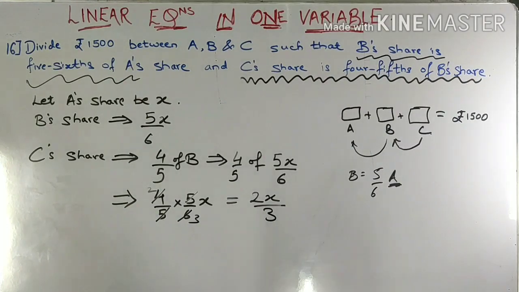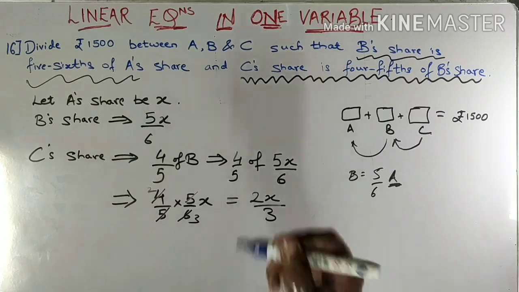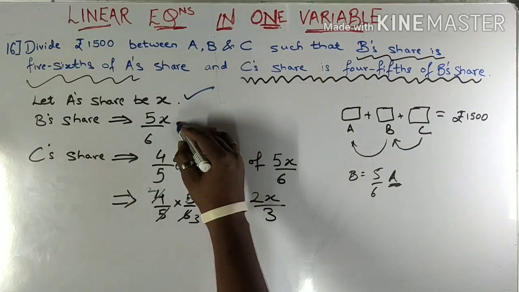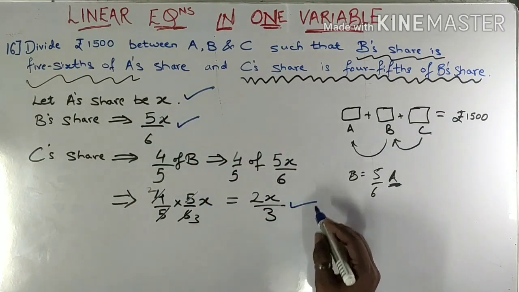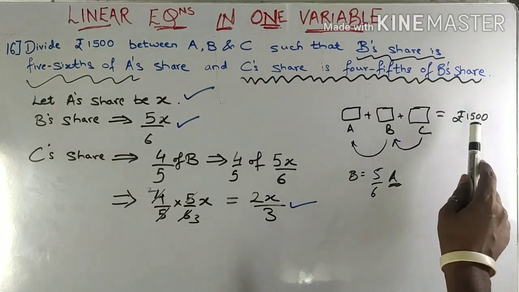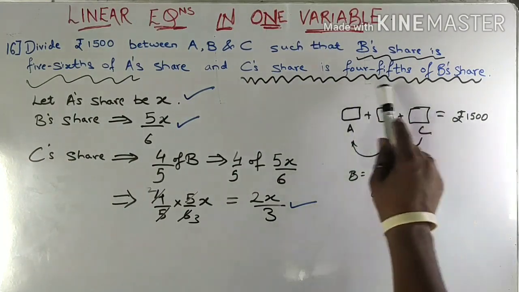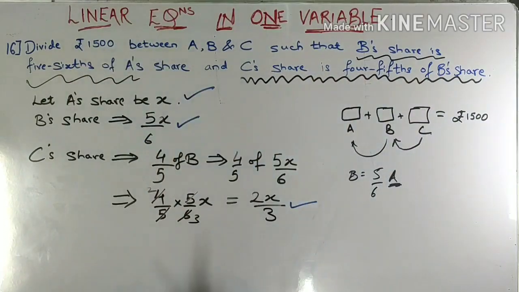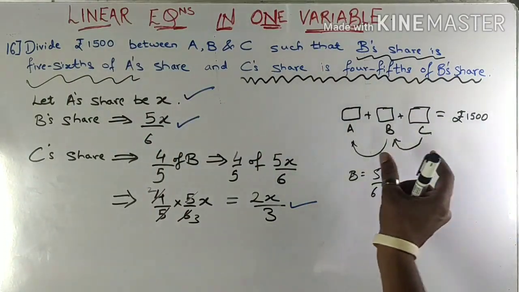So we see over here we have all the three shares, A's share, B's share and C's share, and we have one given condition, that all the three shares sum up to rupees 1500, because we are supposed to divide 1500 between these.